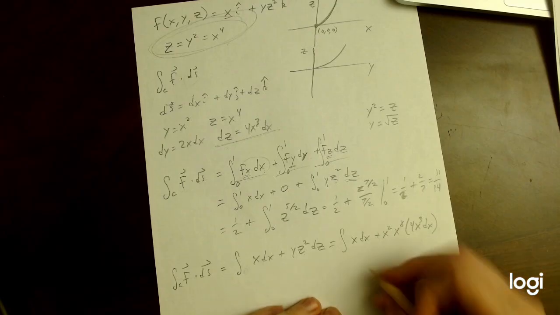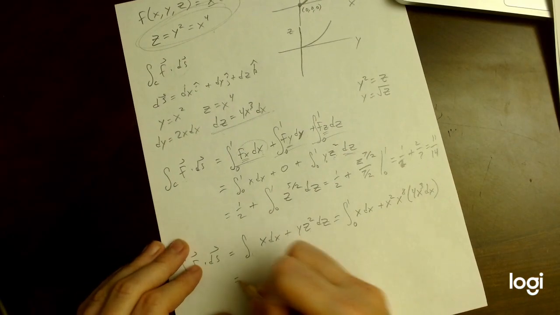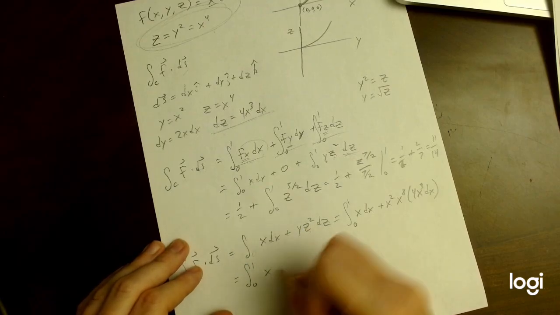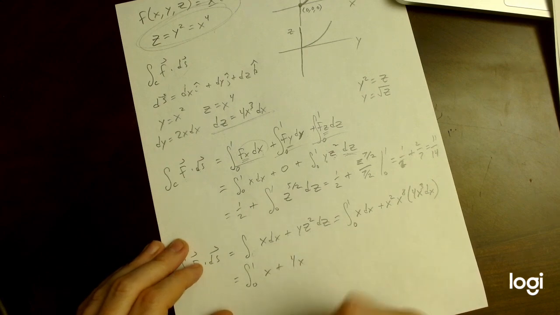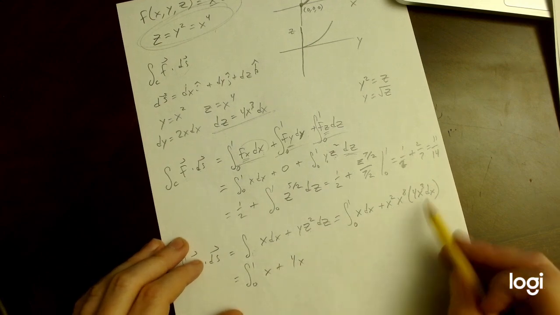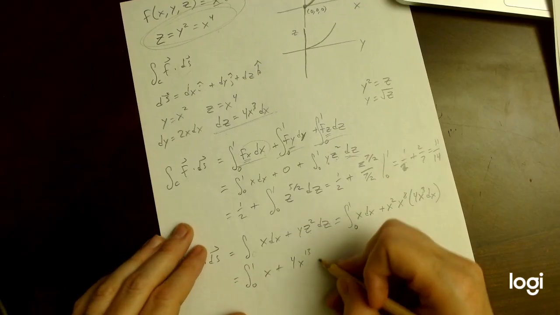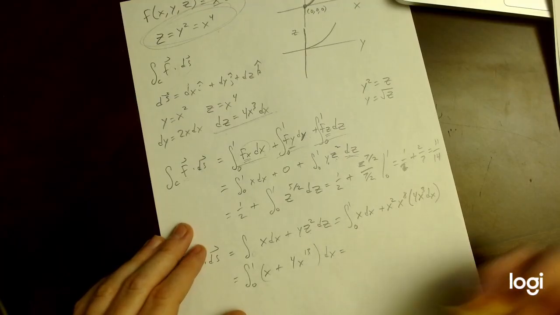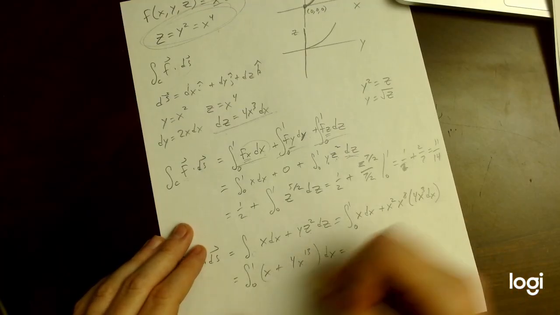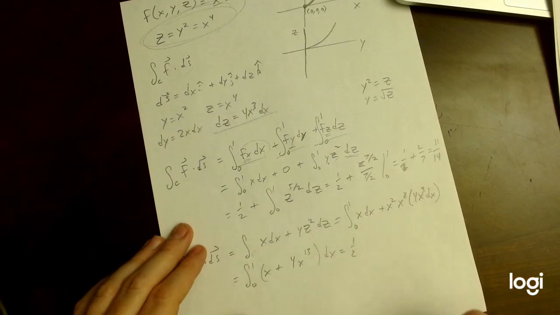And now that it's all in terms of x's, I can plug in my limits in x, which go from 0 to 1, and I get one integral of x plus 4x to the 13th power, and then all of that is dx. I can do that integral, and this becomes x squared over 2 evaluated at the limits, which is my 1/2.